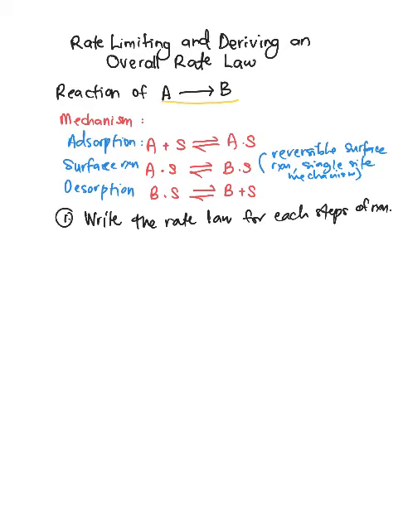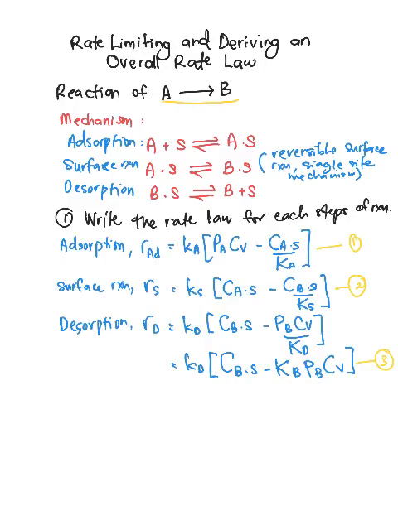Okay, first step, write the rate law for each step of reaction. Alright, this is the rate law for each step of reaction. Remember, for the species that are not attached to the active site, we write it in terms of partial pressure if the reactant and product are in gas phase.